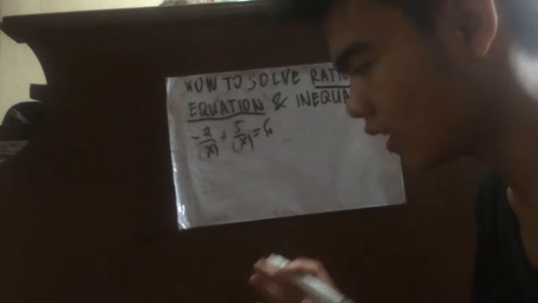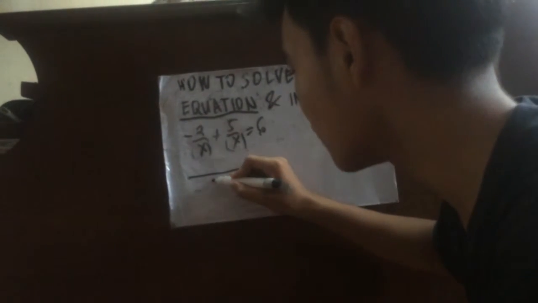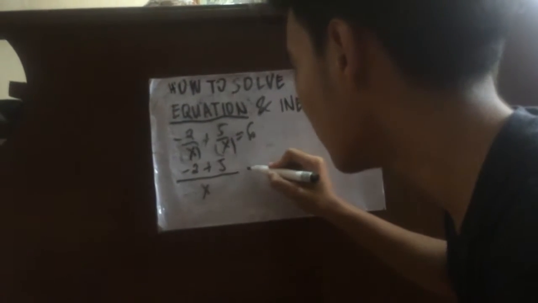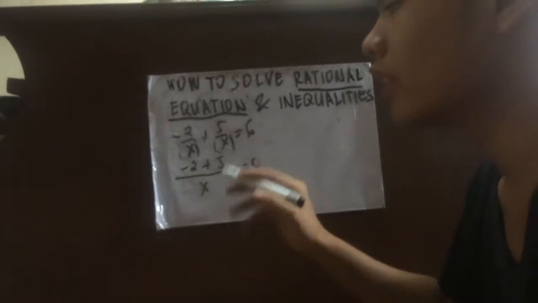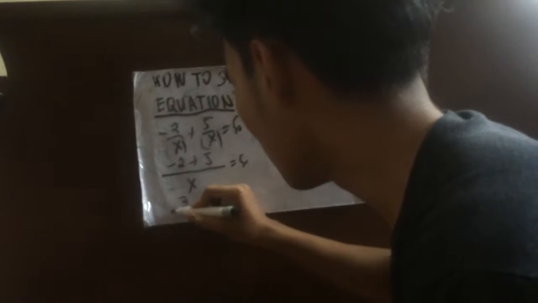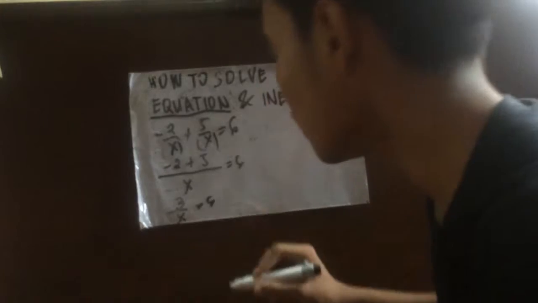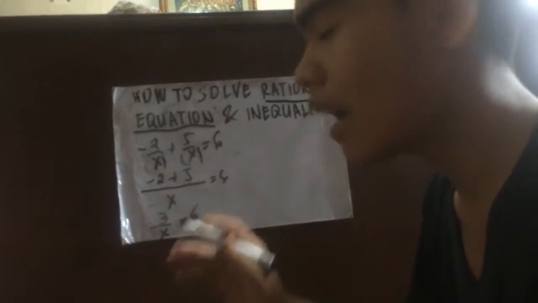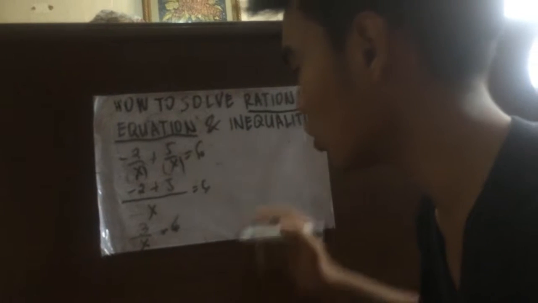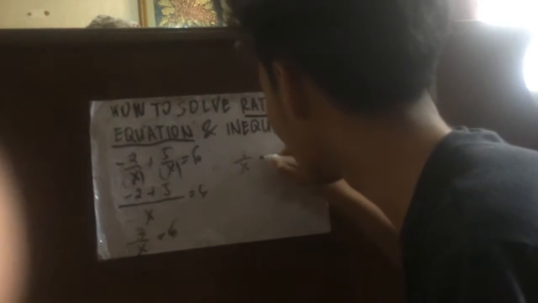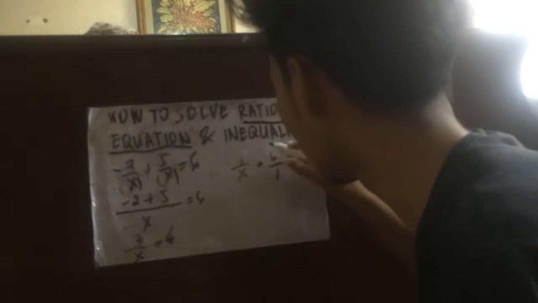Since magkapareho sila, i-over lang natin sila sa x. Then, copy yung negative 2, then positive 5 is equals to 6. So, negative 2 plus 5 is equals to positive 3 over x is equals to 6. Since hindi pa sila simplify, mag-apply tayo ng cross multiplication. 3 over x equals to 6 over 1.